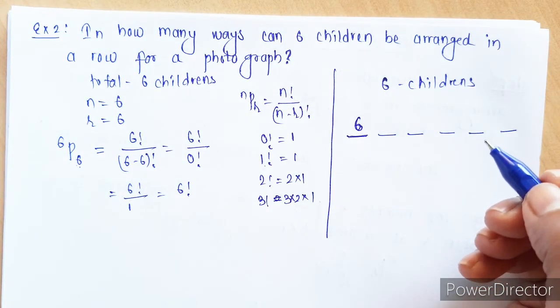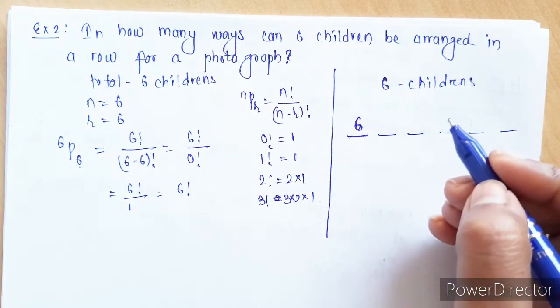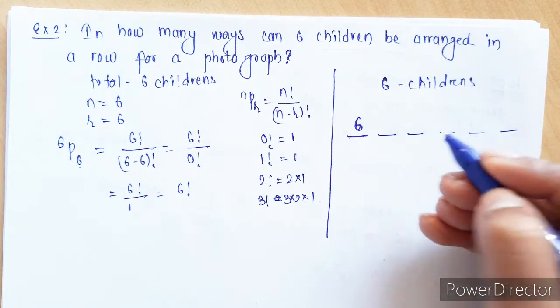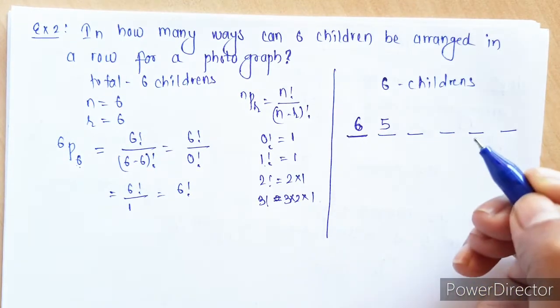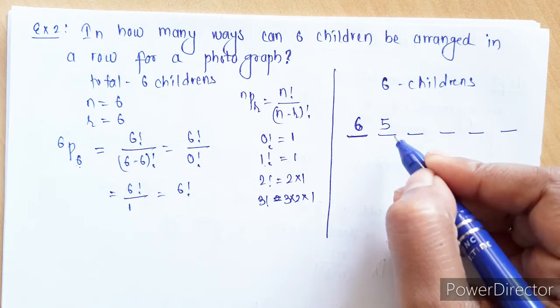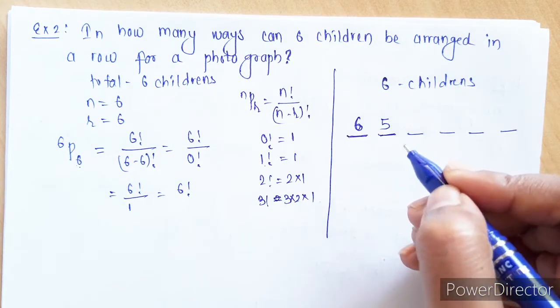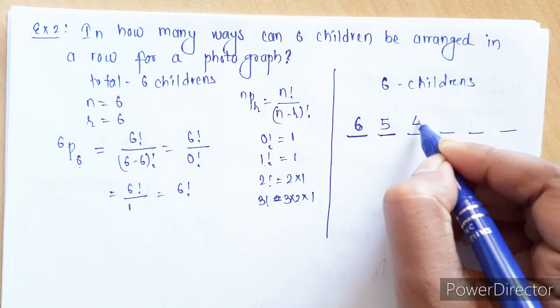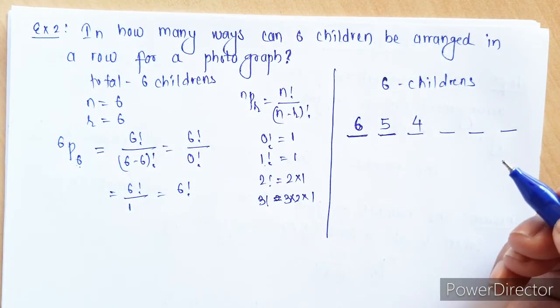Any one from the 6 can sit on the first chair. Now one is already seated, so the remaining are only 5 children. So any one from the 5 can sit on the second chair. Now the second chair is also occupied. So how many children are remaining with us? Only 4 children. So any one from the 4 is going to take this place.